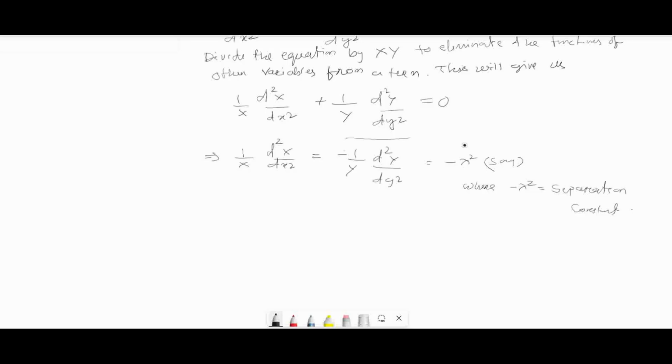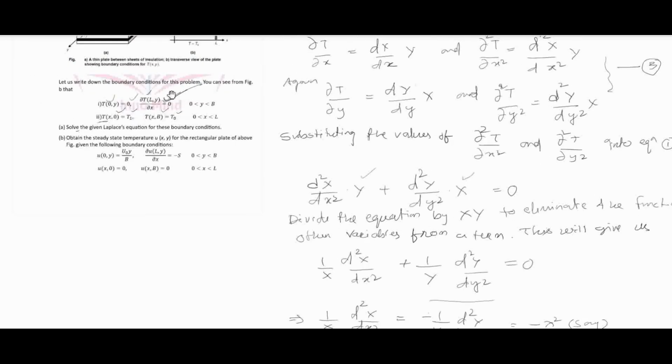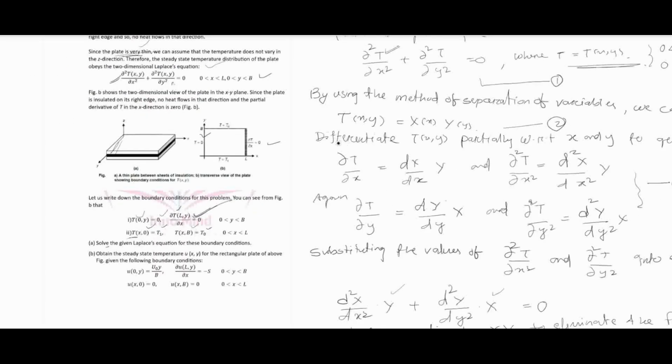Now you can question, why should we take a minus sign before it? Let me tell you, in the condition it is clearly mentioned that when x is equal to 0, T is equal to 0. Because Y cannot be 0, X of 0 must be equal to 0.